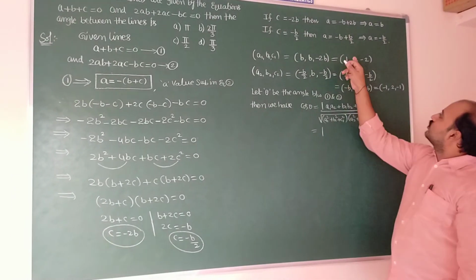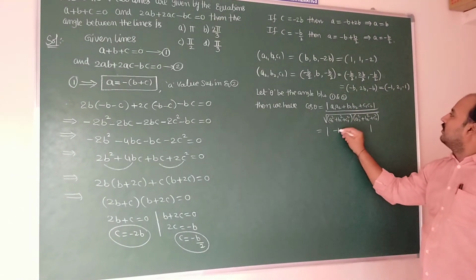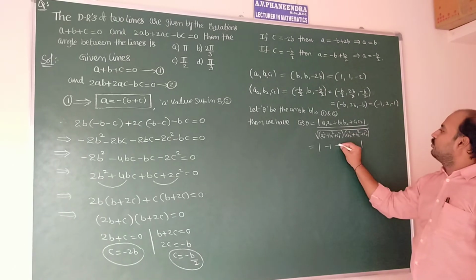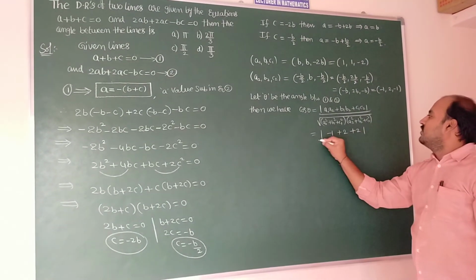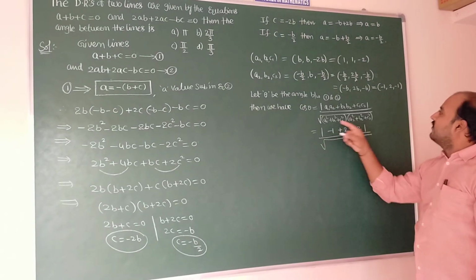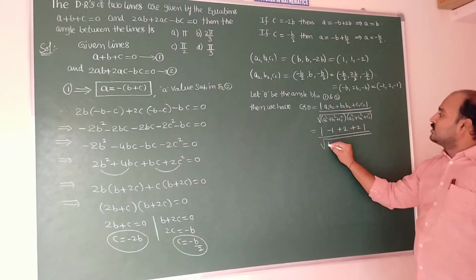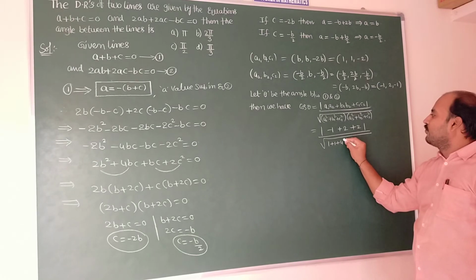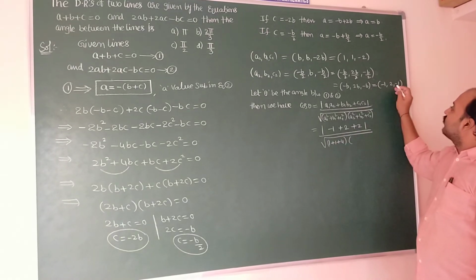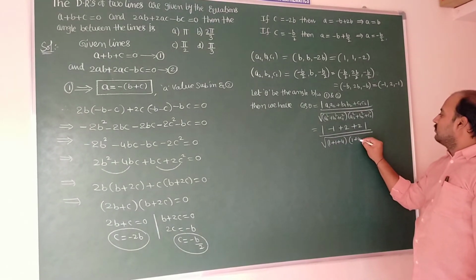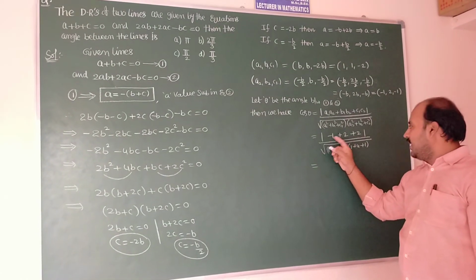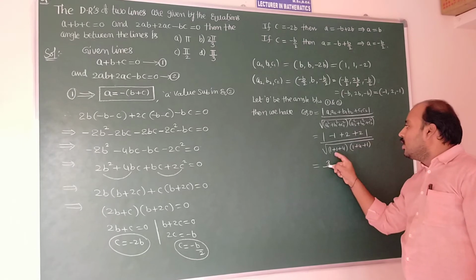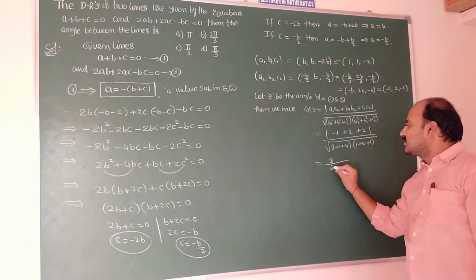a1 a2: 1 into minus 1; b1 b2: 1 into 2; c1 c2: minus 2 into minus 1, plus 2, divided by square root of a1 square plus b1 square plus c1 square, that means 1 plus 1 plus 4, into 1 plus 4 plus 1. That is equal to mod of 4 minus 1, which is 3, so 3 divided by root 6 into root 6, which is 6.